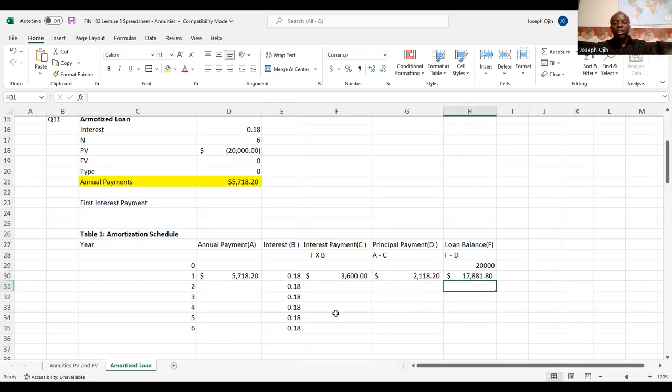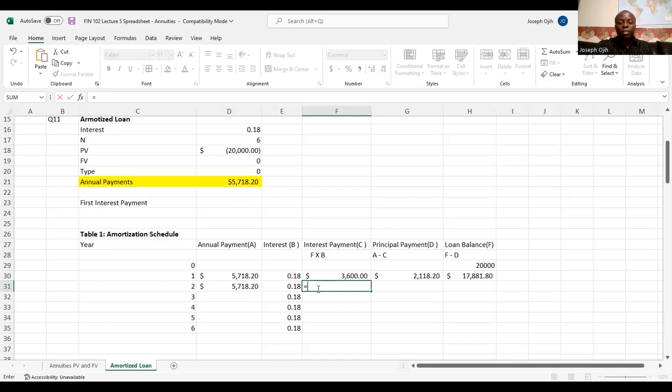Now, the second year, which is year 2, you repeat the payment, which is $5,718.20. See? When you make this payment, in dollar symbol, now again the amount that goes to the interest will be this loan balance here times the interest rate.